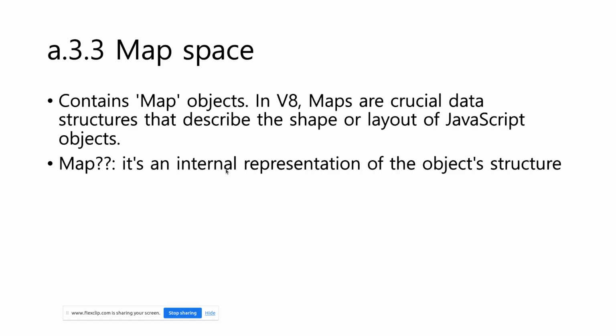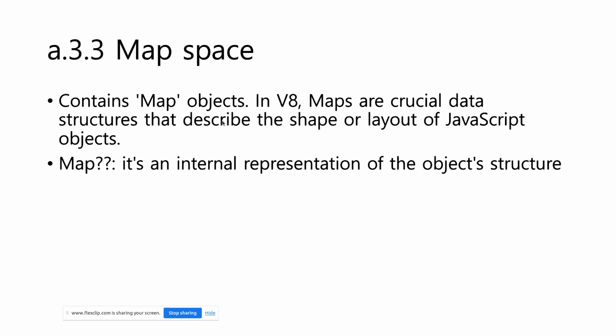Next is map space. Map space is a kind of hard thing, because you need to imagine more. A map is an internal representation of the object structure.